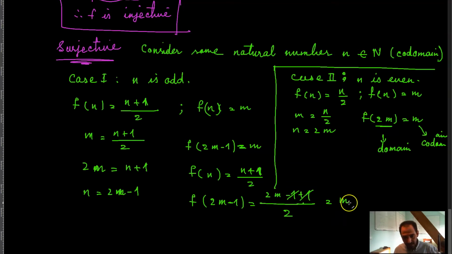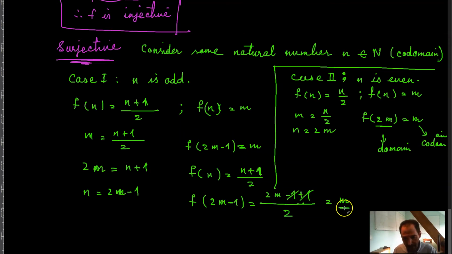In this case, we said that for every m there is some 2m minus 1 in the domain of the function that is mapped to that m. So this is going to help me prove that the function is surjective if that 2m minus 1 can actually exist in the domain of the function.